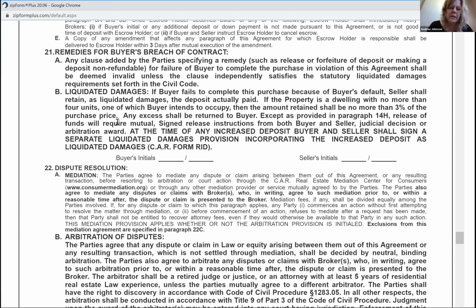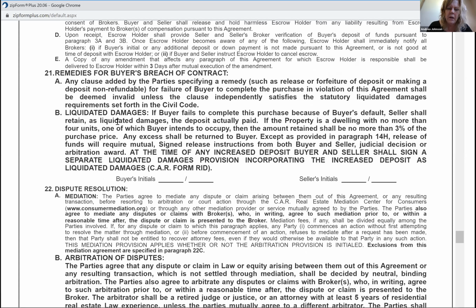So this again is why we limit the amount of the earnest money or initial deposit to no more than 3%, because it's going to be returnable to the buyer anyway. This is also why some buyers will want to put in less than 3%, because it is 3% or the deposit actually paid, essentially whichever is less.